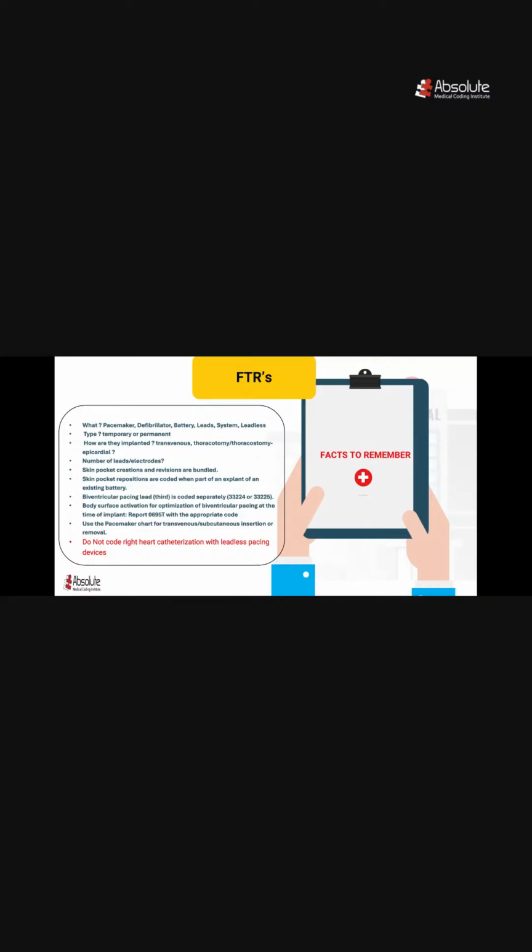Next, number of leads or electrodes. Definitely, we have to know that. We will be doing some exercises based on those guidelines today, so we will get to know why it is important to know the number of leads or electrodes. Next point, skin pocket creations and revisions are bundled. Skin pocket repositions are coded when part of an explant of an existing battery. Then, a biventricular pacing lead, that is the third lead, is coded separately using 33224 or 33225.